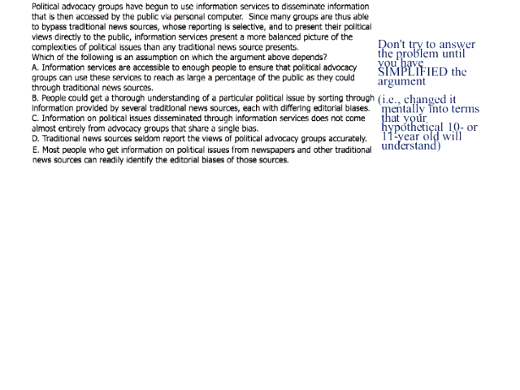Okay. So these words, man, they're terrible, but let's get them to be a little bit less terrible. "Political advocacy groups have begun to use information services to disseminate information that is then accessed by the public via a personal computer." Oh my God, what a horrible sentence. Okay, well, information services is like the internet, right? And if you didn't get that the first time, it's here: personal computer.